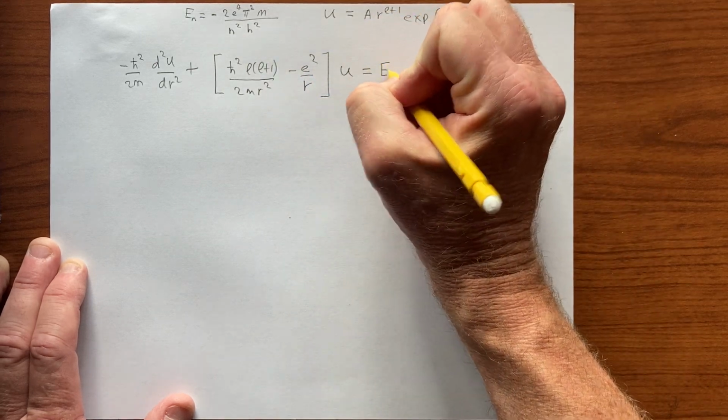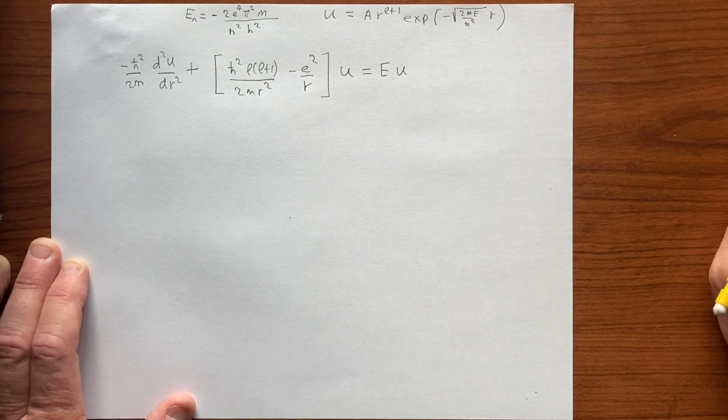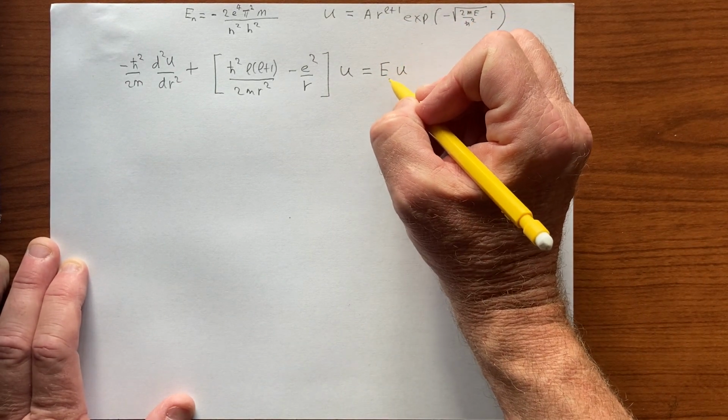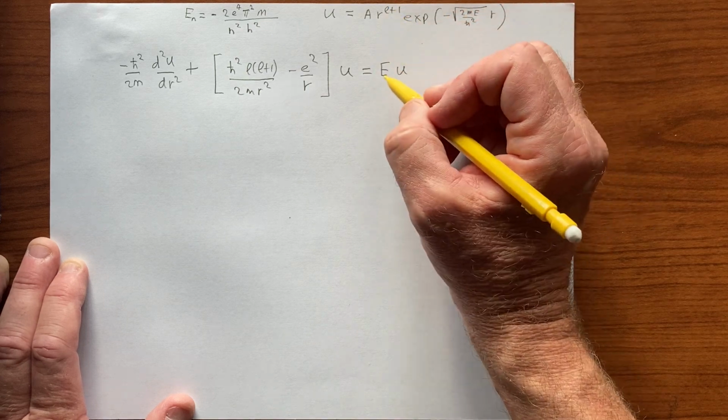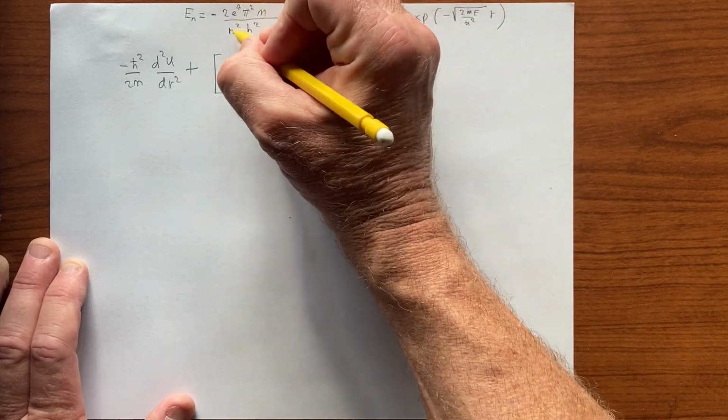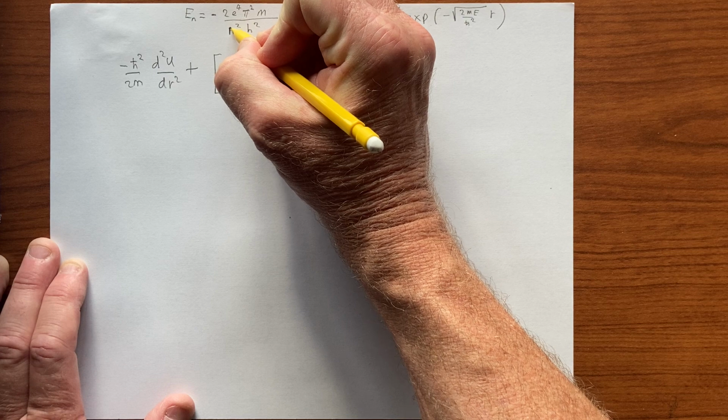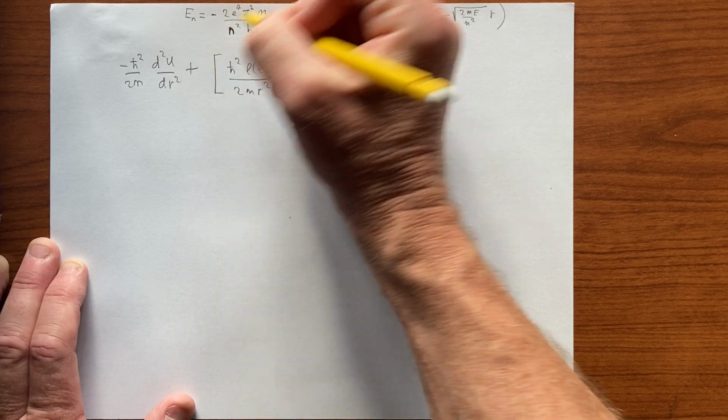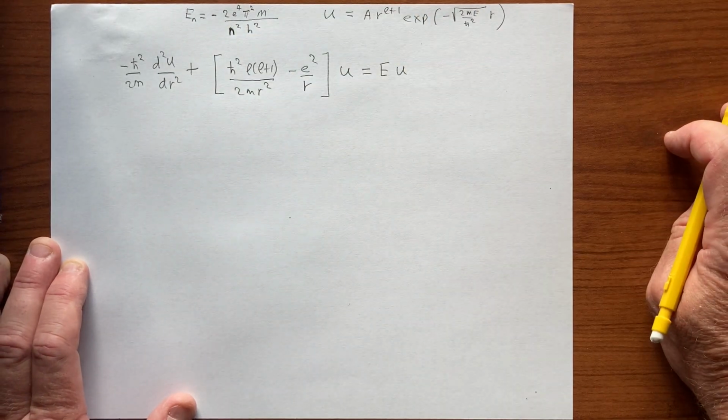That's equal to the value of the energy times the u function. So we should get a value of the energy that's a function of L, given this assumption, and that should be related to the value of n that we got here. So we'll see a relationship between the n quantum number and the L quantum number.